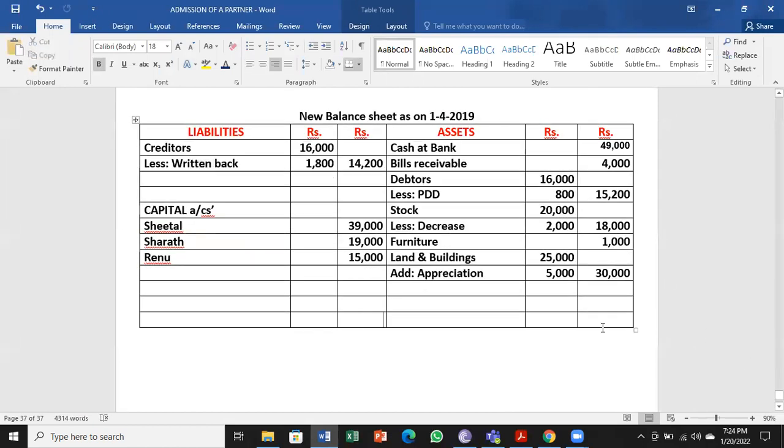Now you can go for totaling very confidently. So 1,17,200. Very good. Check on the liabilities side also.